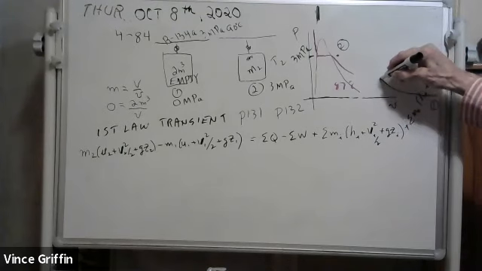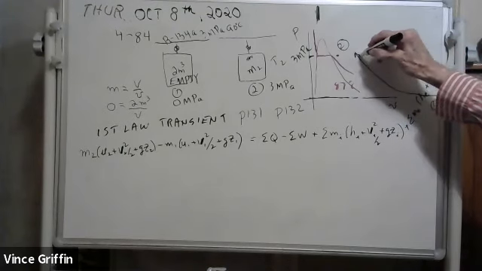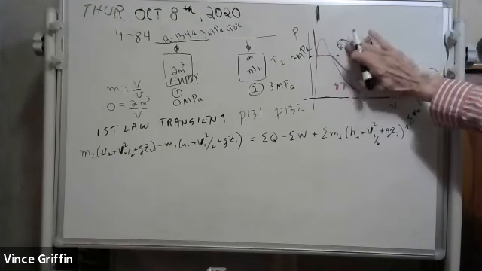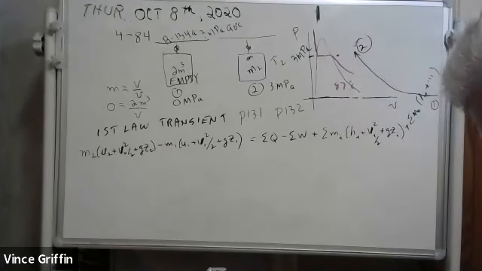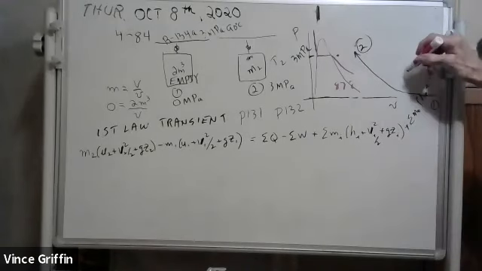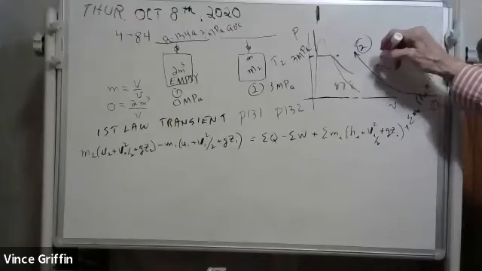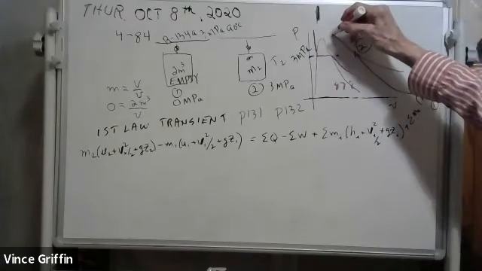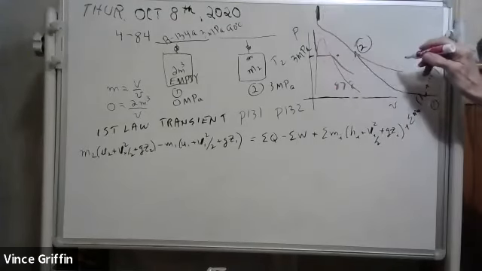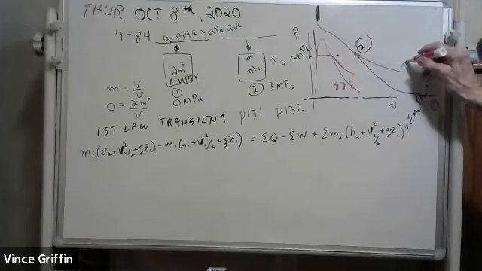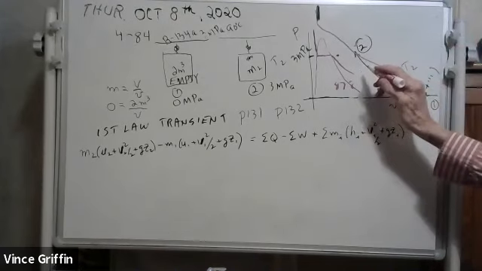3 megapascals, 90 degrees. Our pressure is going to be 3 megapascals. But here's going to be state 2. Now, I don't know what that temperature is, but I have a feeling it's a lot hotter than 90 degrees. This is T2, and we can get it.